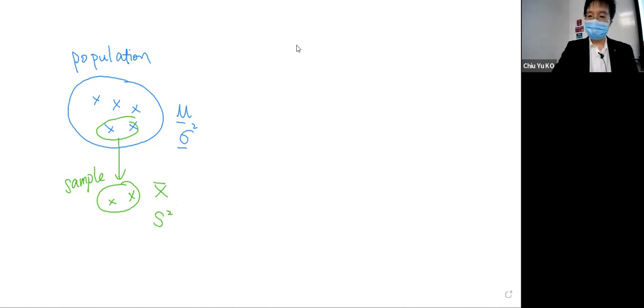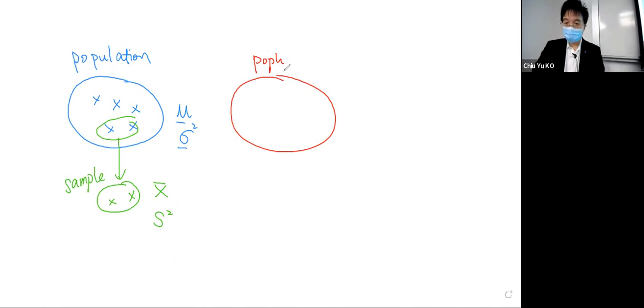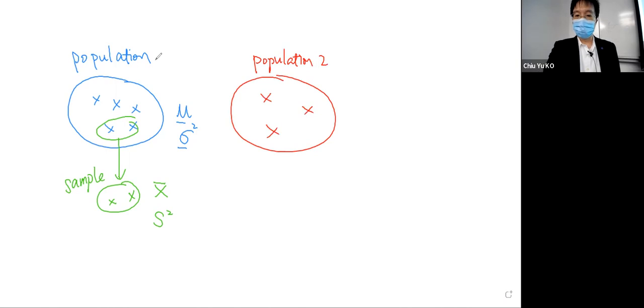And the second half of the topic is the introduction of another population. For the sake of discussion, we have population 2 and the original population 1, right?